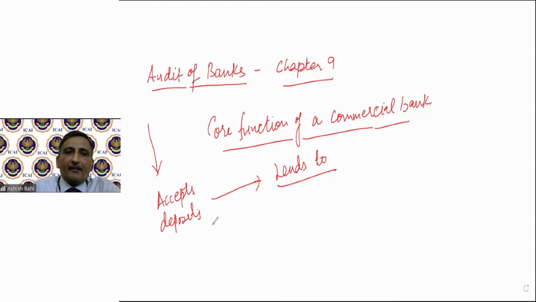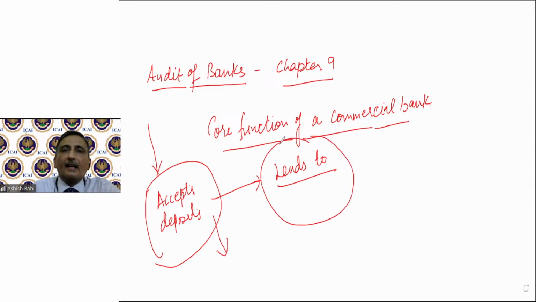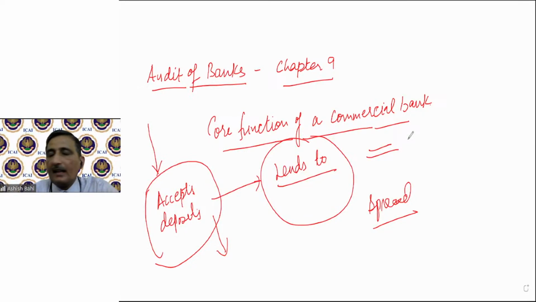And the rate at which a bank accepts deposits is lower, and the rate at which it lends money is higher. So this is their basic business model, and the spread between the lending rate and deposit rate is used to earn profits. So clear. So this basic understanding you already have at your intermediate level. So just trying to refreshen you up, guys.